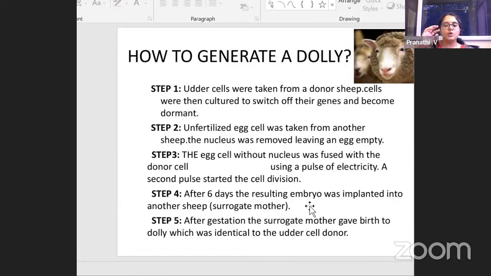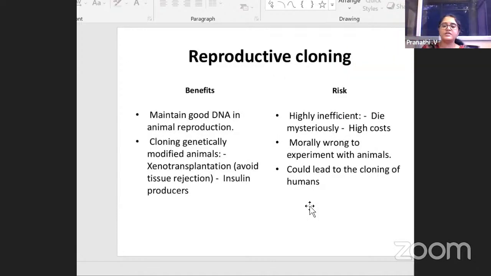And then you had an embryo that was formed. This resulting embryo was taken and implanted in another sheep, the surrogate. After gestation, the mother gave birth to the baby, which was identical to the udder cell donor. So this was how Dolly was created.